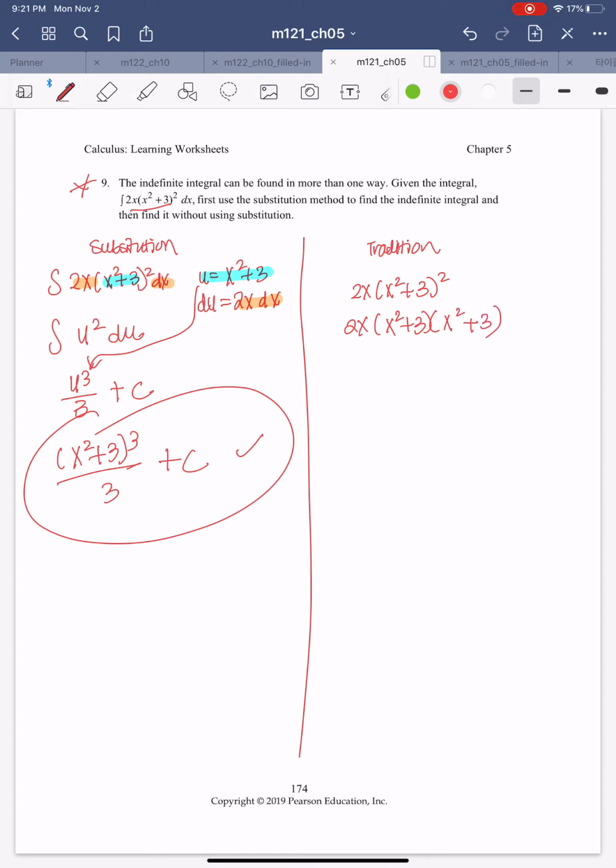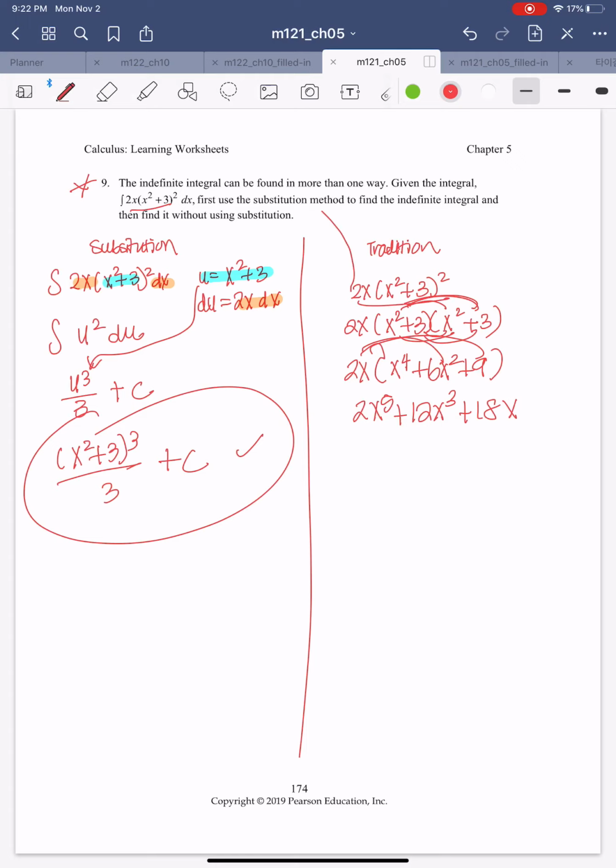And then I will distribute all, make it as a single term. So 2x times, if I FOIL this, I have x to the 4th plus 3x squared with the 3x squared makes it 6x squared plus 9. And then distribute this, I get 2x to the 5 plus 12x cubed plus 18x.